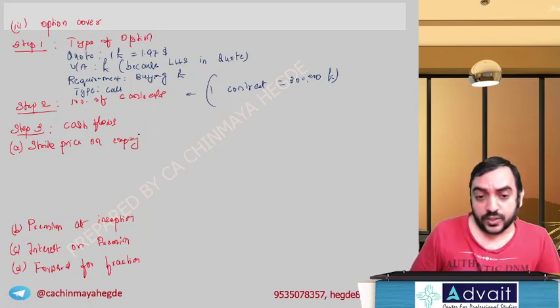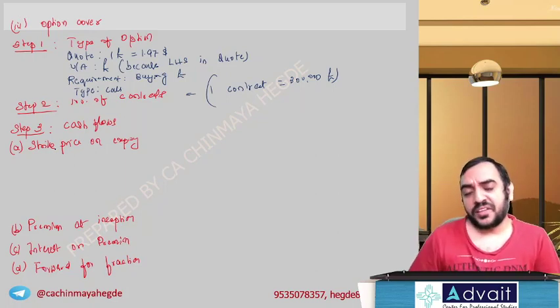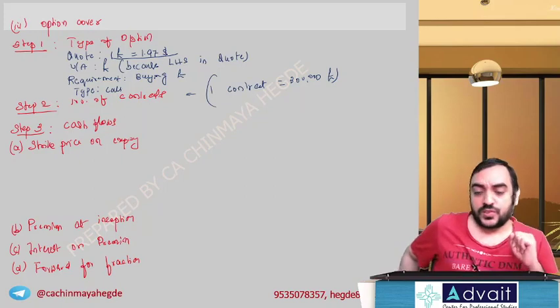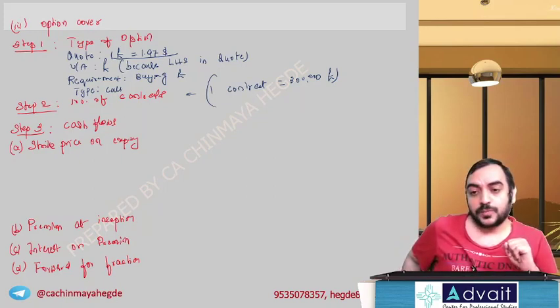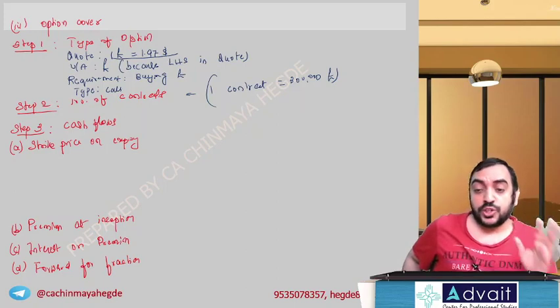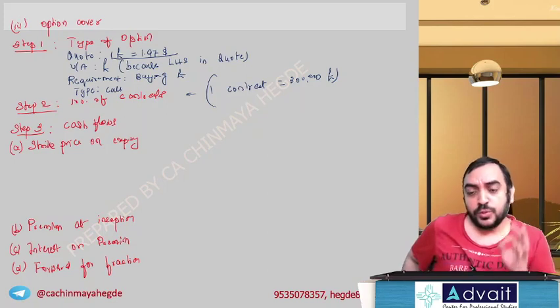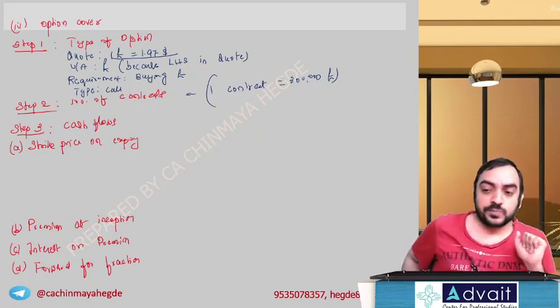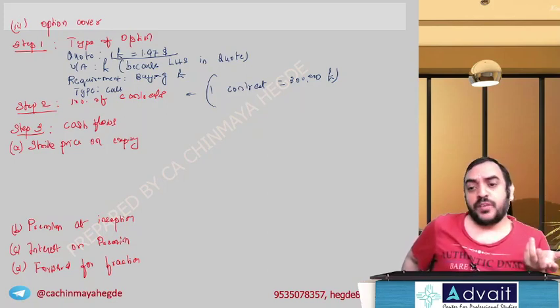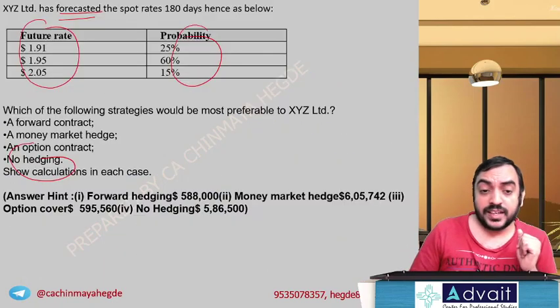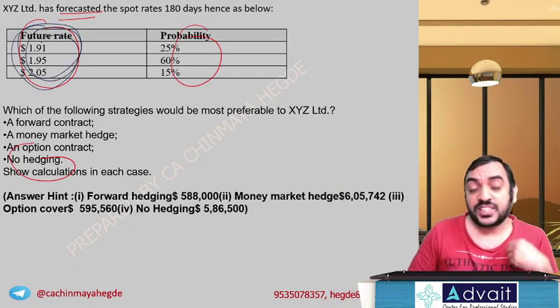Okay, now strike price on expiry. This is an interesting point in this problem because we know the strike price is 1 pound equals $1.97. In the earlier problem, what did we used to assume? We used to assume that the option is exercised, because we don't have any information about the market price. But in this problem, the expected rate on expiry date is given.